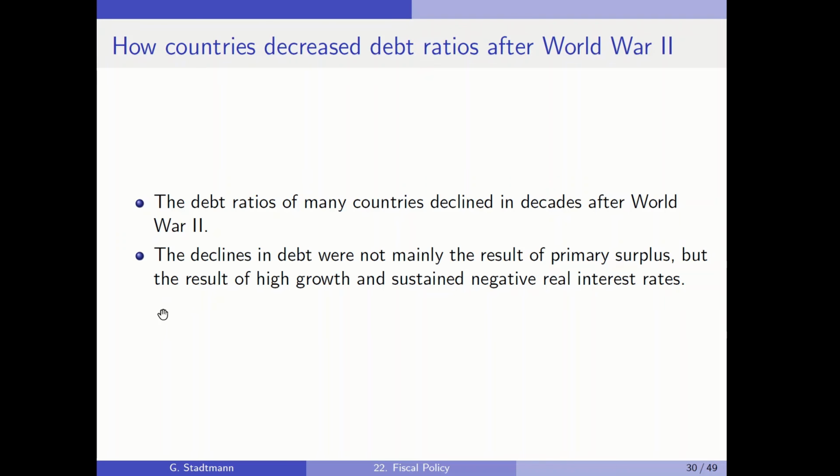In the first step, it is mentioned that these ratios declined after World War II, and these declines in debt were not mainly the results of primary surpluses, but the result of high growth and sustained negative real interest rates. But when you look at these kind of chapters, it is a case that we cannot really understand why this is the case.